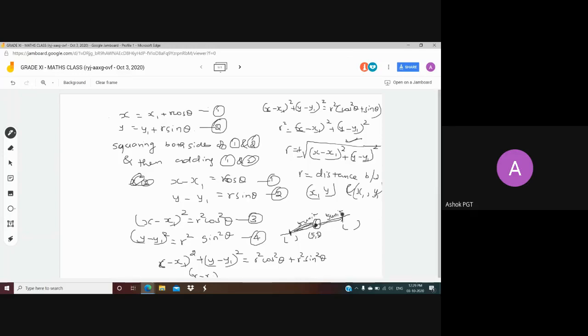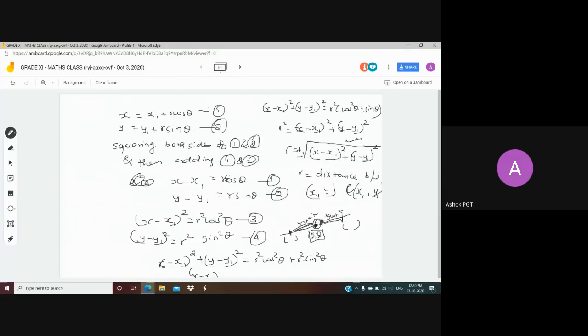On the same straight line, I repeat it once again, please listen carefully. On the same straight line, they will give you one point. This is the given point. On the same straight line, you need to find 2 points which are at 5 units distance from the given point.